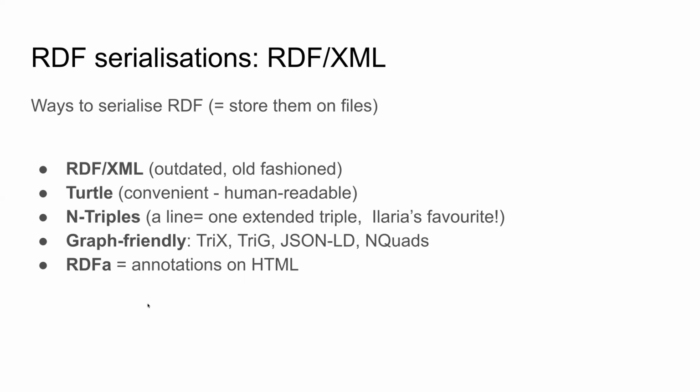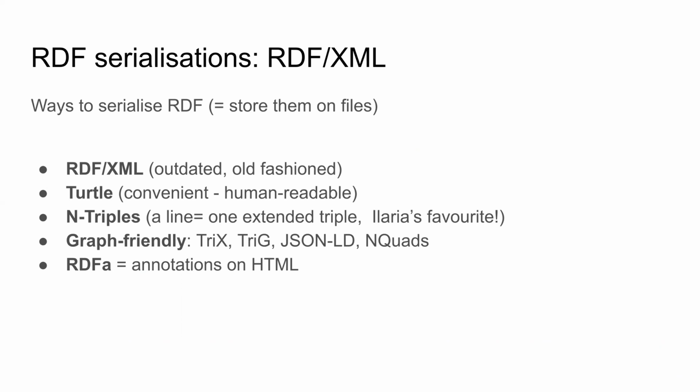the most common ones are RDF XML, which is a bit old-fashioned. Turtle is very human readable, so it's the one that you will see the most. It's the one that we will be using. You have N-Triples, which basically represent a graph as a set of triples, and every line in your file is a triple.